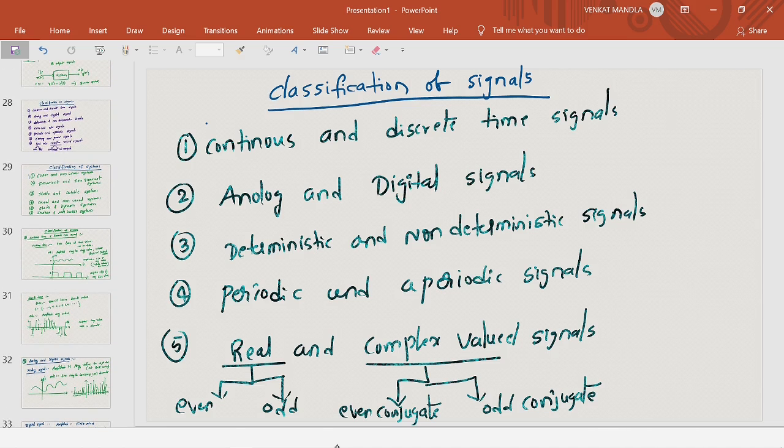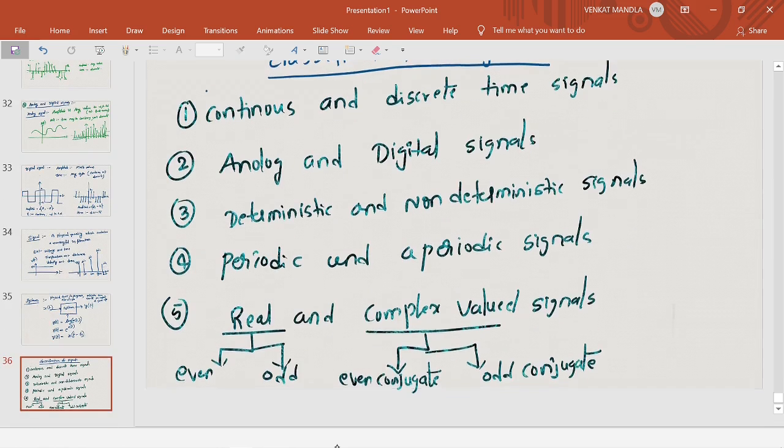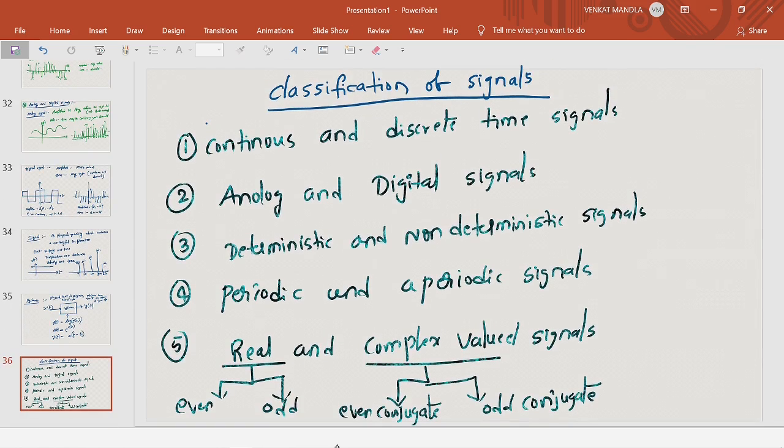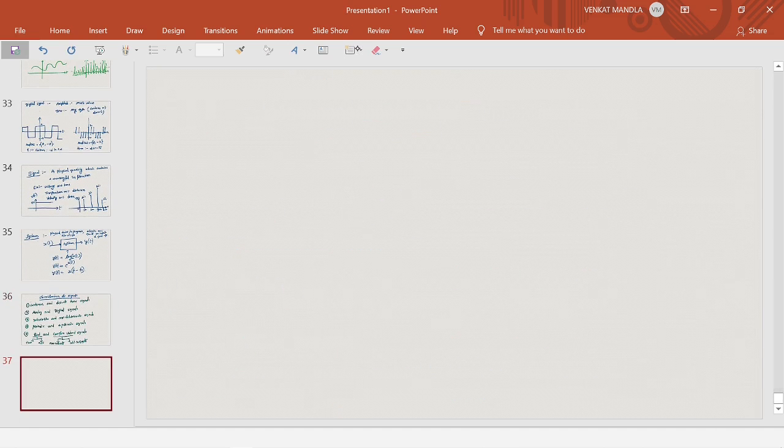Okay, and one more important classification. Seventh one is power and energy signals.